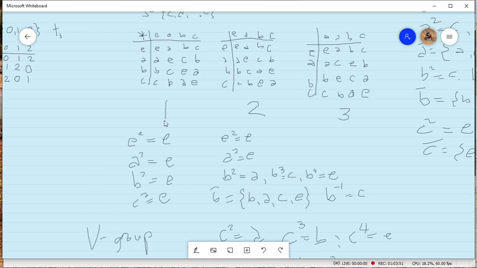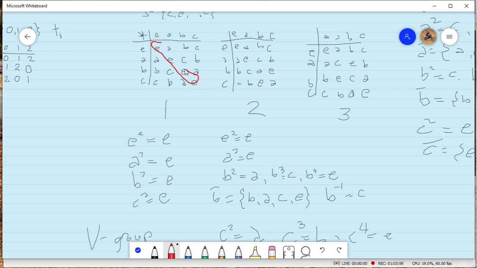So you see that in the V group, the major diagonal consists entirely of E, and then each element is just a reflection of itself with respect to the main diagonal. So a reflection of A is A, then B, C, and so on.